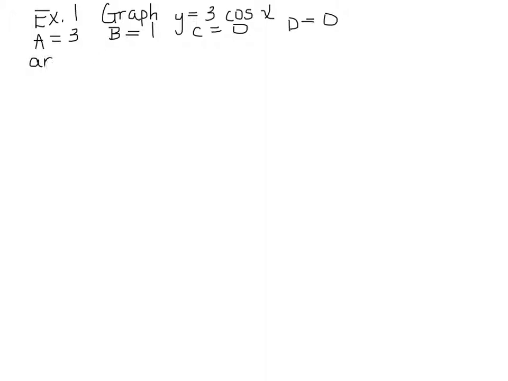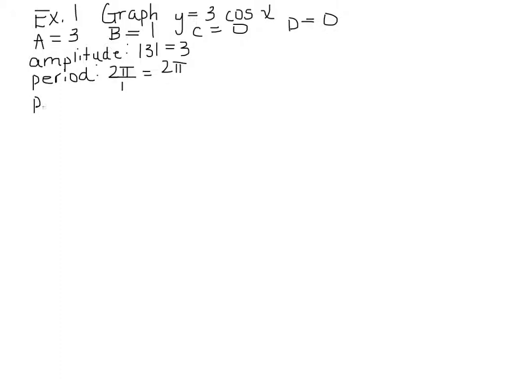Then I'm going to do my amplitude, which is the absolute value of 3, which equals 3. My period, which is 2 pi over b, which is 2 pi.